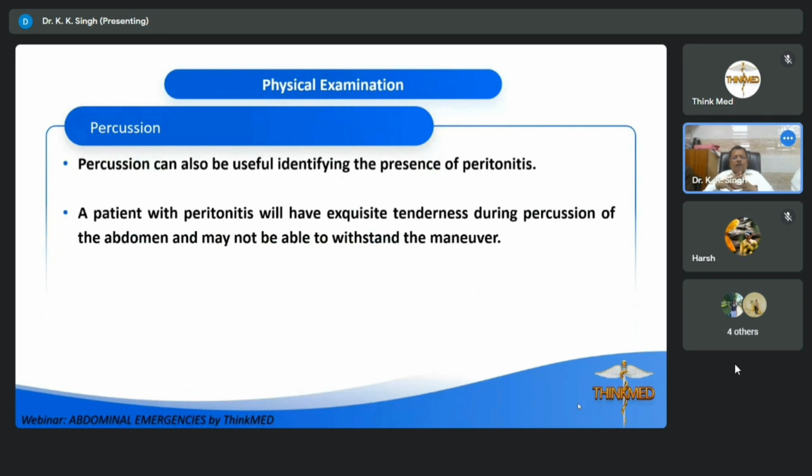Percussion will give you much information, like whether there is an enlargement of the liver or a gallbladder lump. Percussion will help you decide the liver span, and with this you can decide whether the liver is pushed down or is in fact enlarged.